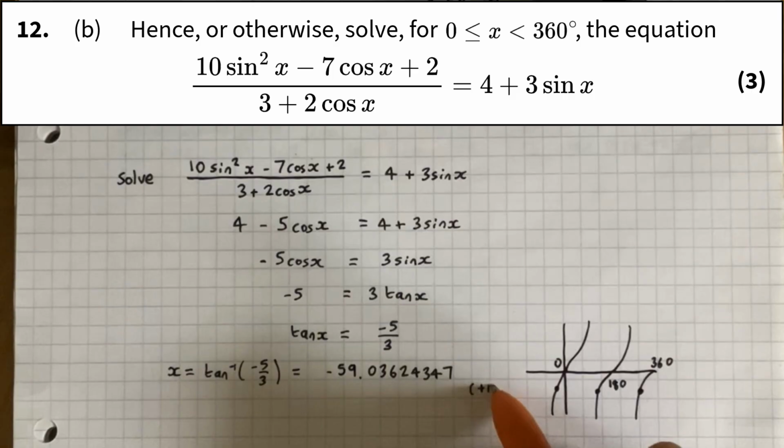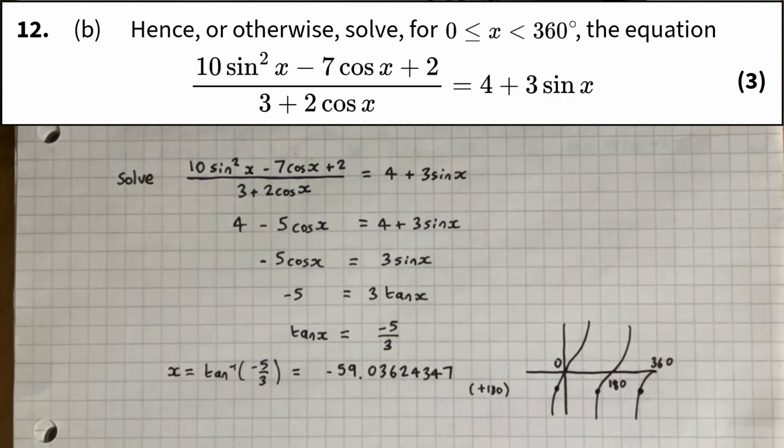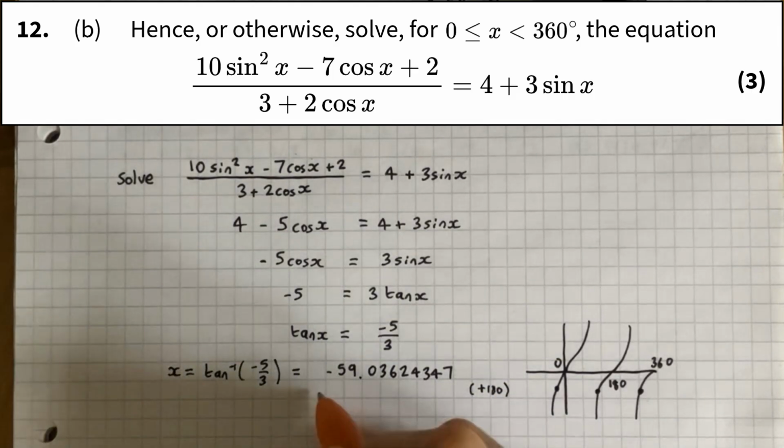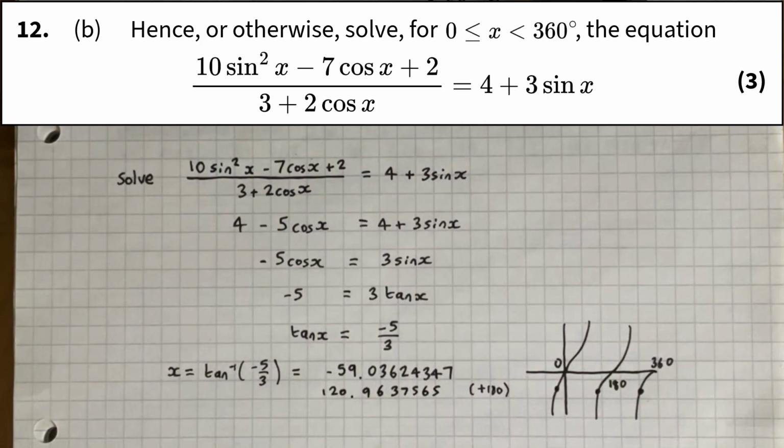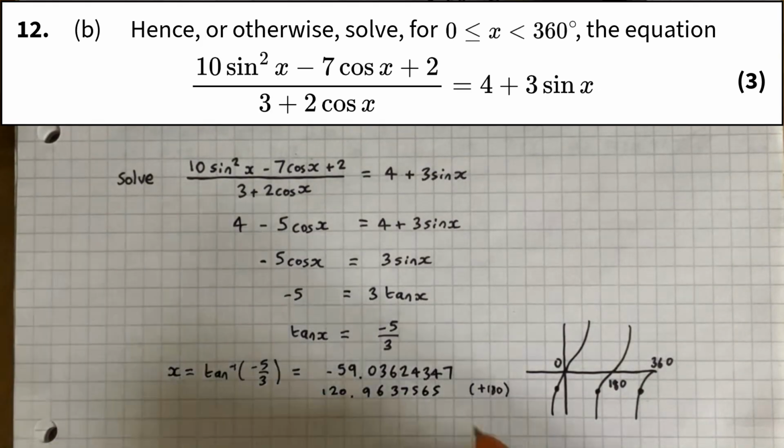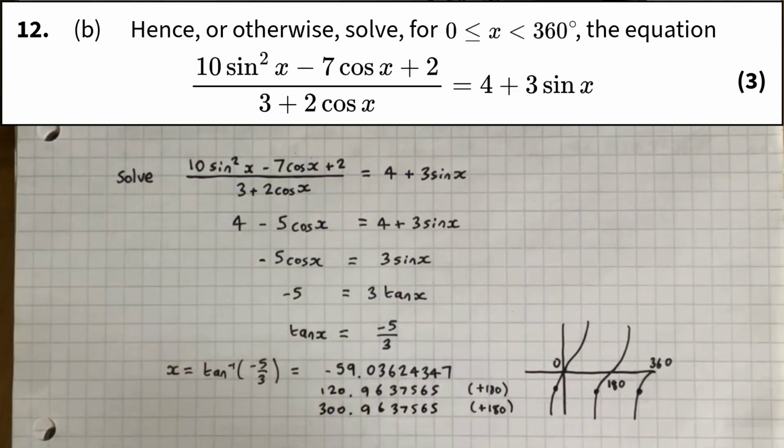And what you need to know about tan is that you have to add 180 to get all the extra solutions. So I'll add 180 to that minus 59 to get about 120. And then add 180 again to get the next solution, which gives us about 301. And that's it. There are no more solutions in the range.